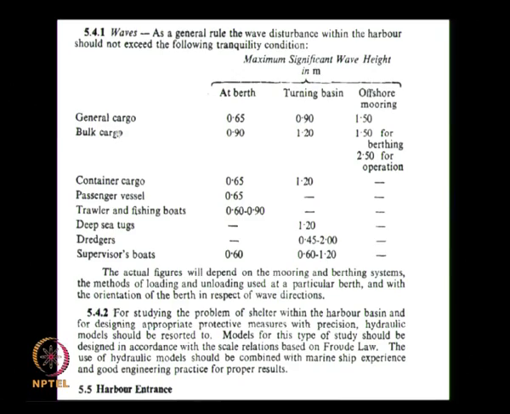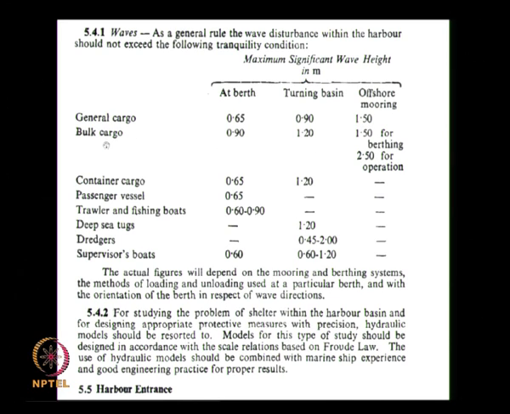So we will first discuss about general cargo. General cargo, the maximum wave height that is permissible is about 0.65 meters, whereas in the training basin where the vessels turn, there it will be about 0.9 meters, and if it is offshore mooring it is 1.5 meters.